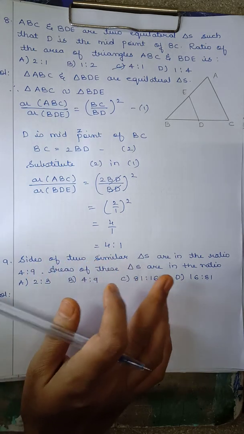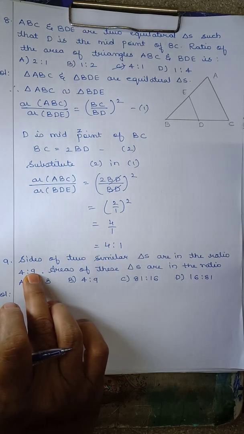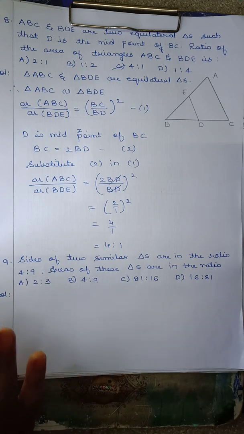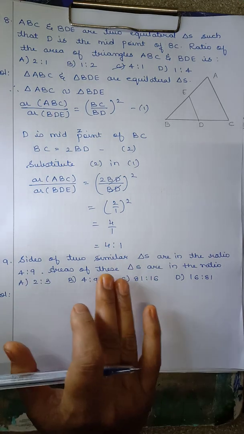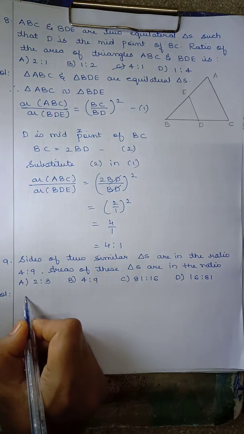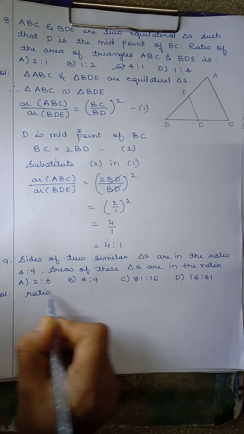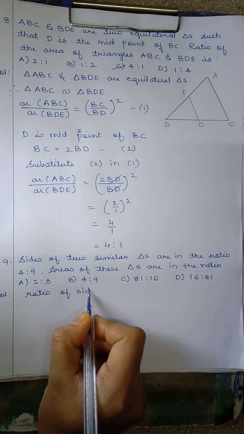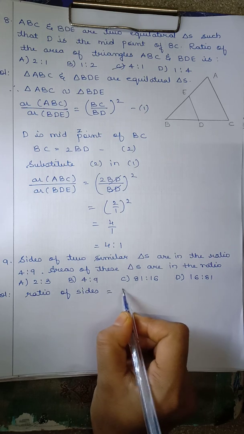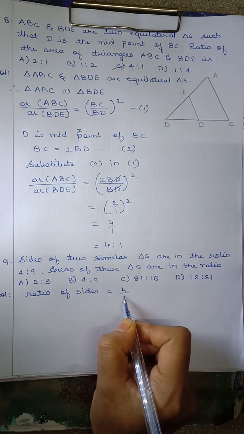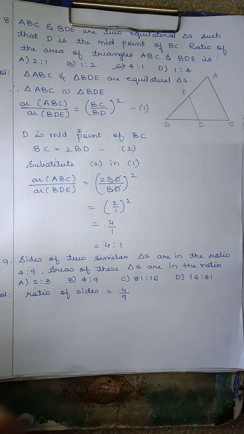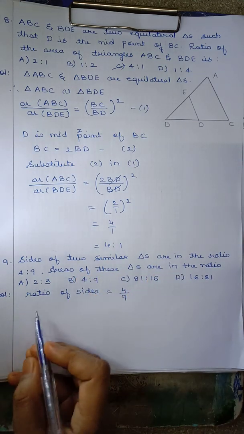The ratio of the sides is given. You have to find the ratio of their areas. The ratio of the sides of two similar triangles is given as 4 by 9, or 4:9.